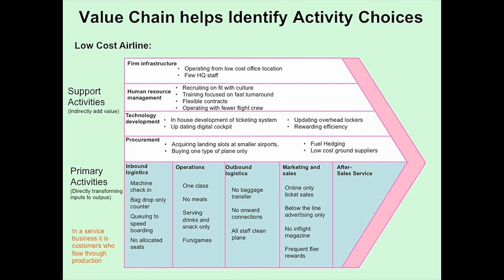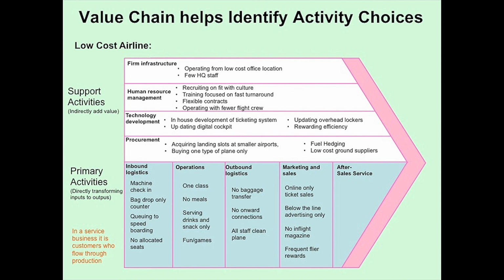Now what that allows you to do is to think about alignment to the choice you've made about strategic positioning. So if we've chosen to be a low-cost operator, a low-cost airline company, we can see how choices have been made about activities that align with being low cost. It brings efficiency into each area of the value chain.